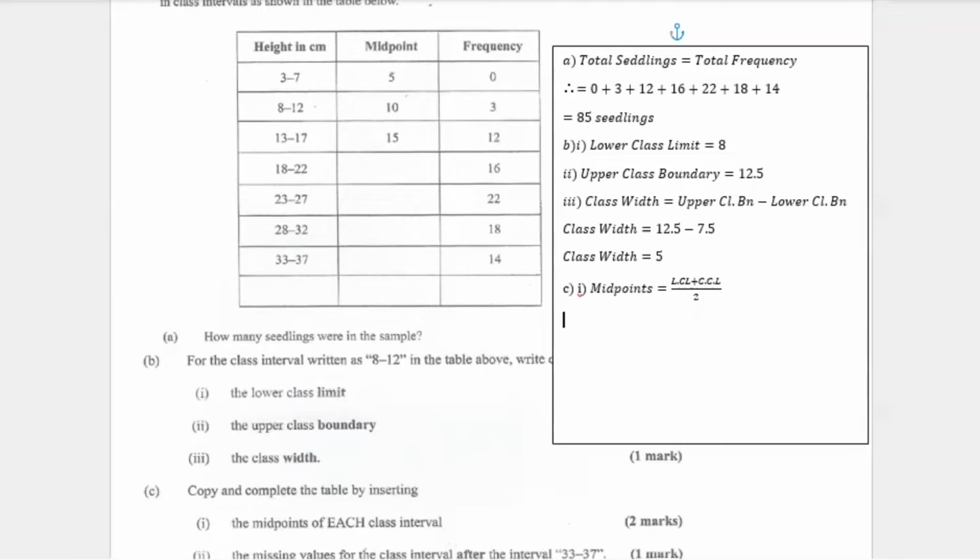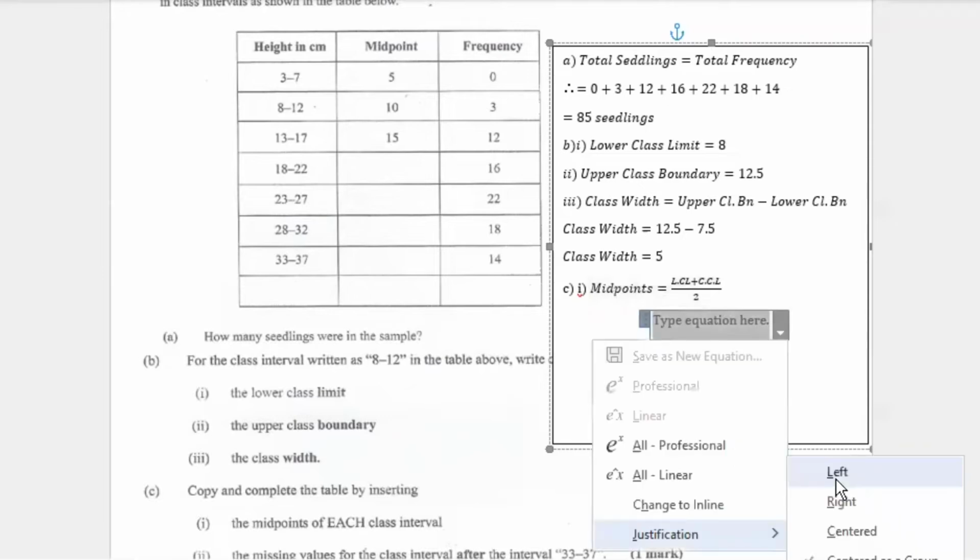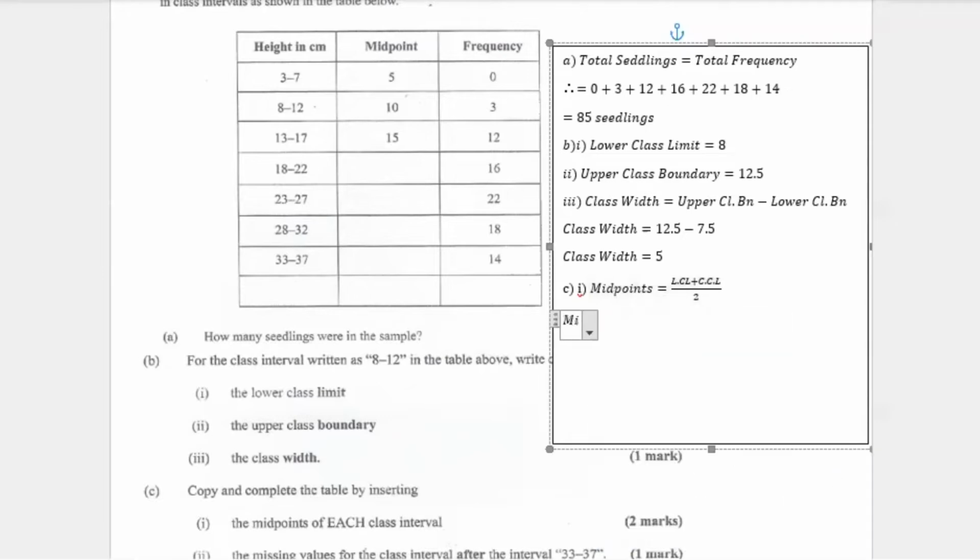For the first one, midpoint is equal to 7 plus 3, divided by 2. That would be 10 divided by 2, and that is equal to 5. So we see how they got the 5 there.